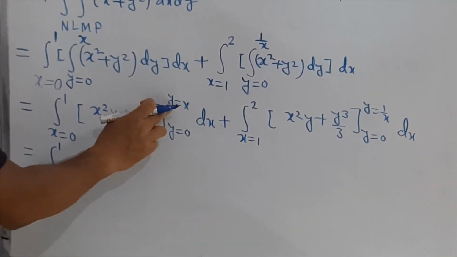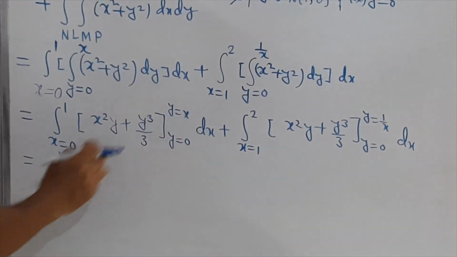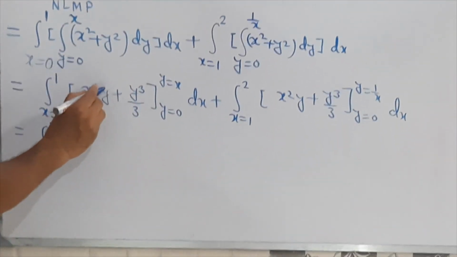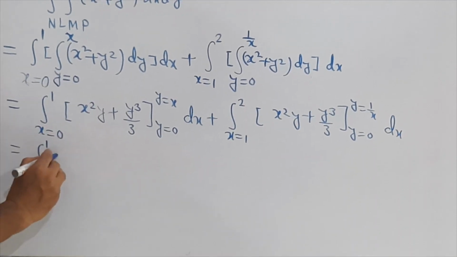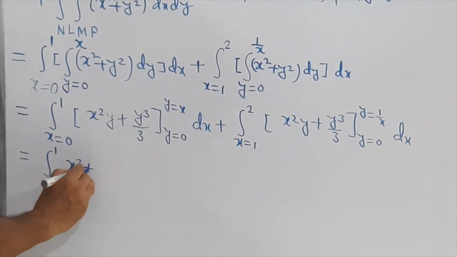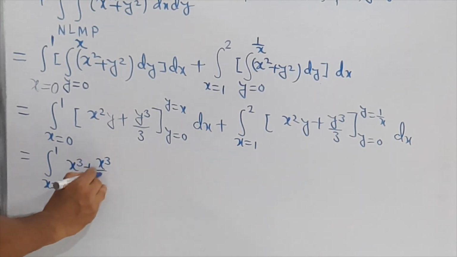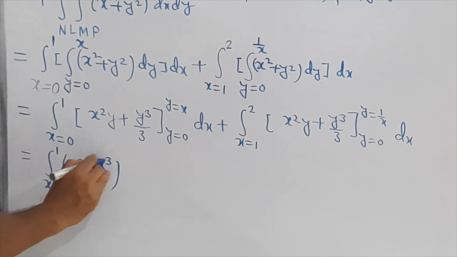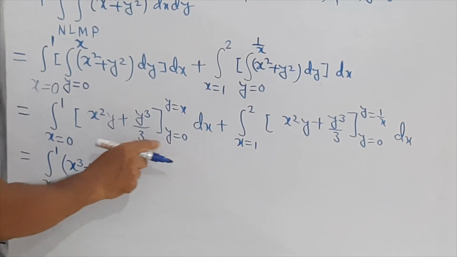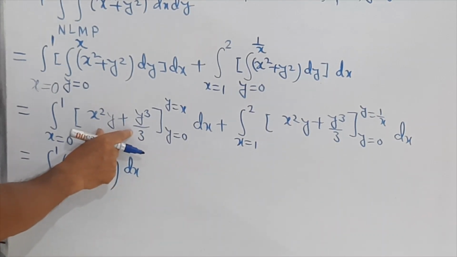Now put the upper limit y is equal to x, giving x cube plus x cube by 3 dx, and for the lower limit the value of this expression is 0.